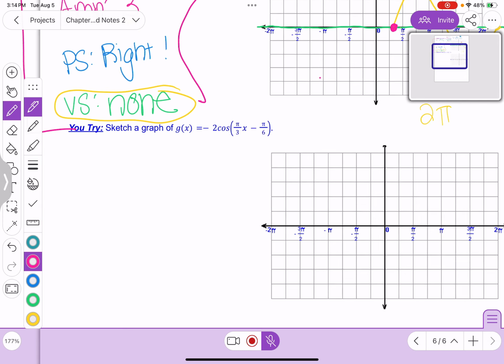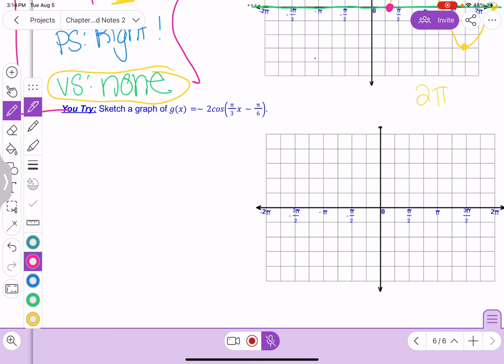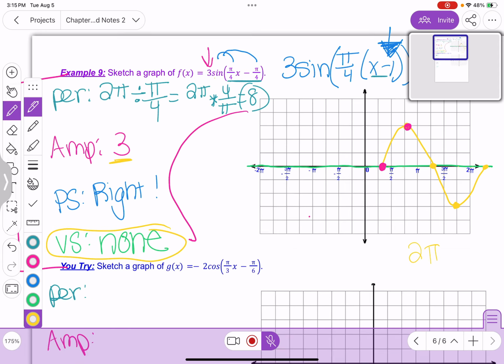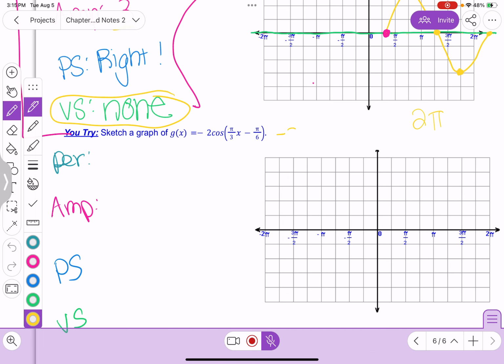So why don't you pause the video and try this one? All right. Period, amplitude, phase shift, vertical shift. So if we divide out the pi over 3, we get x minus 6/5 pi over 2.